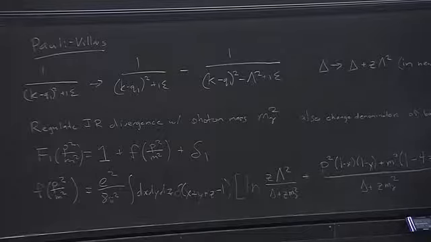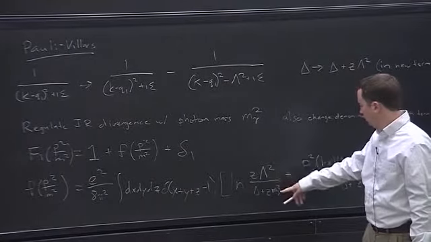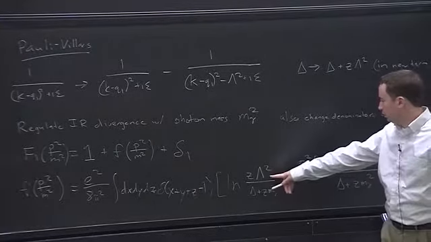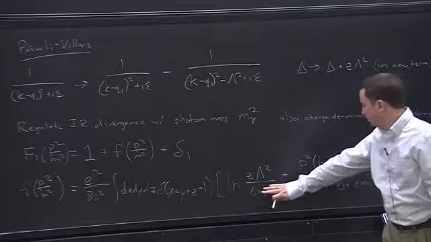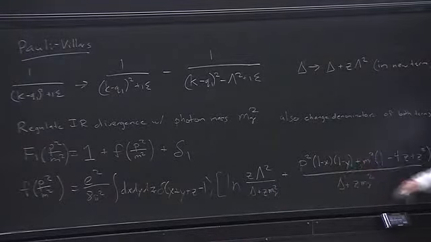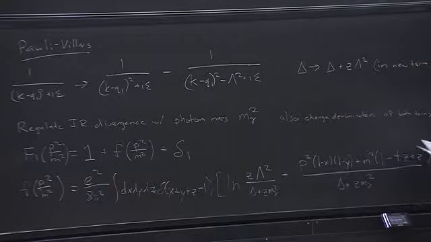So if we set m gamma to 0, this term is precisely the same as the term we saw yesterday. And this new term just comes from the Pauli-Villars regulator.